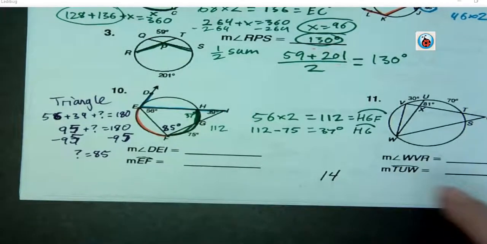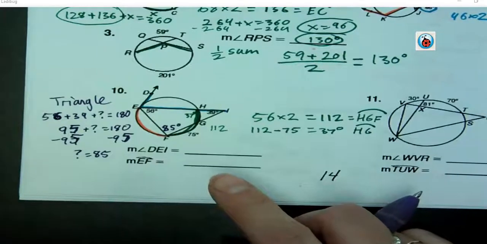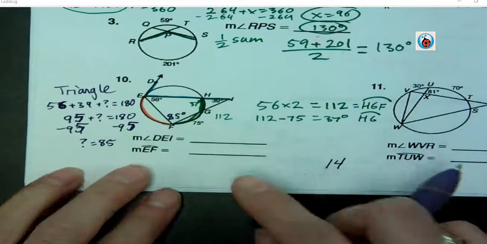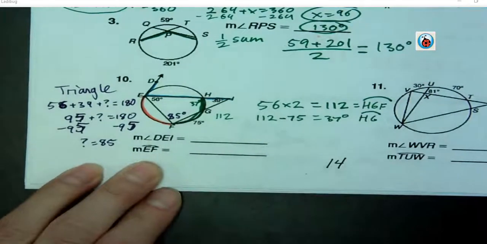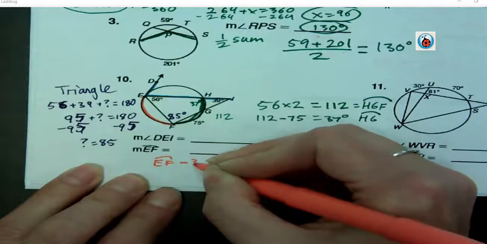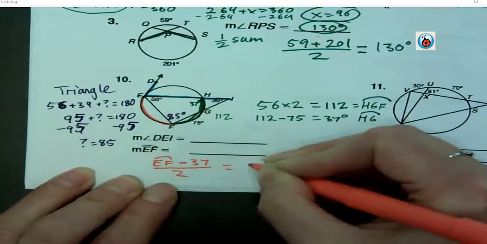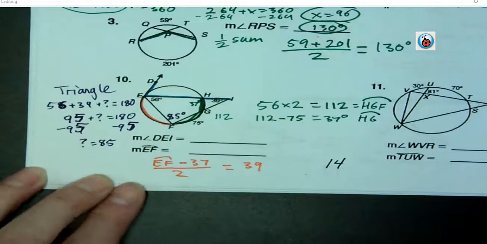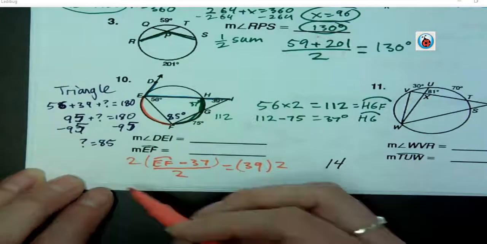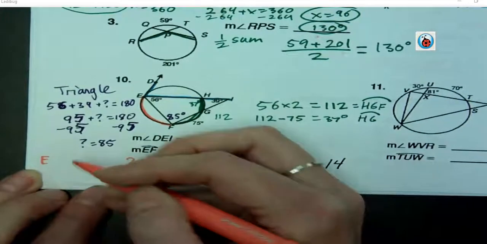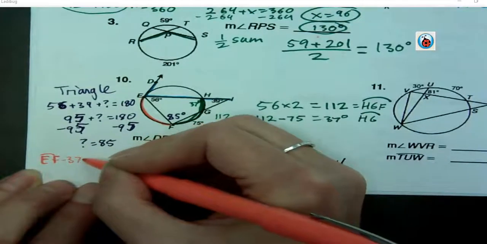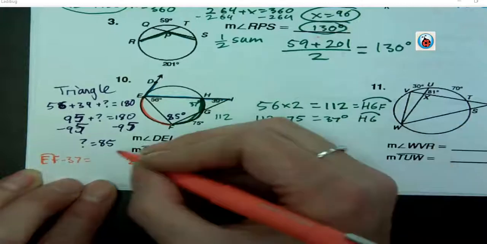Okay. Now I have enough information to find what they've asked me to find. So EF, I can now do my arc EF minus the 37 divided by 2 has to equal the 39. And I solve, so I multiply by 2 and get EF minus 37 equals 78.